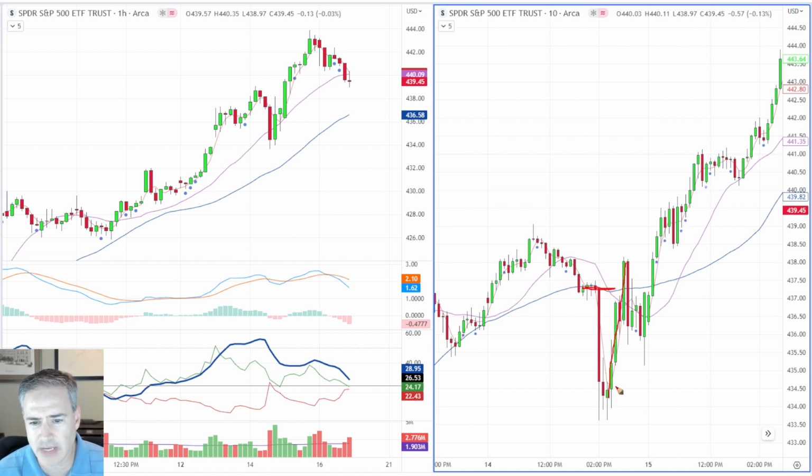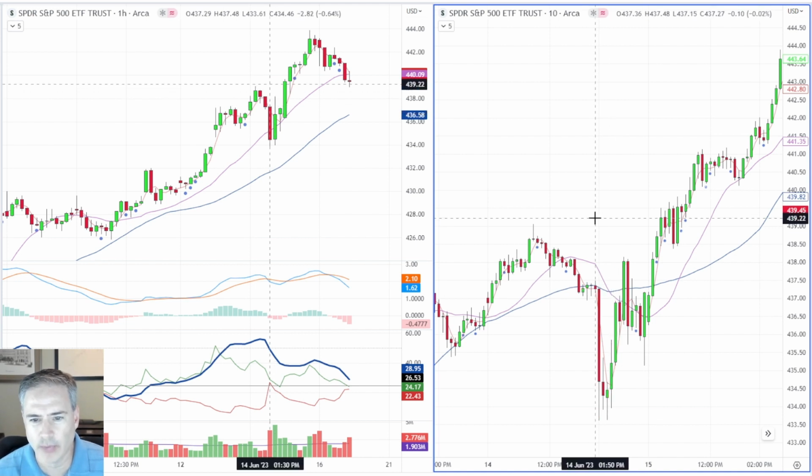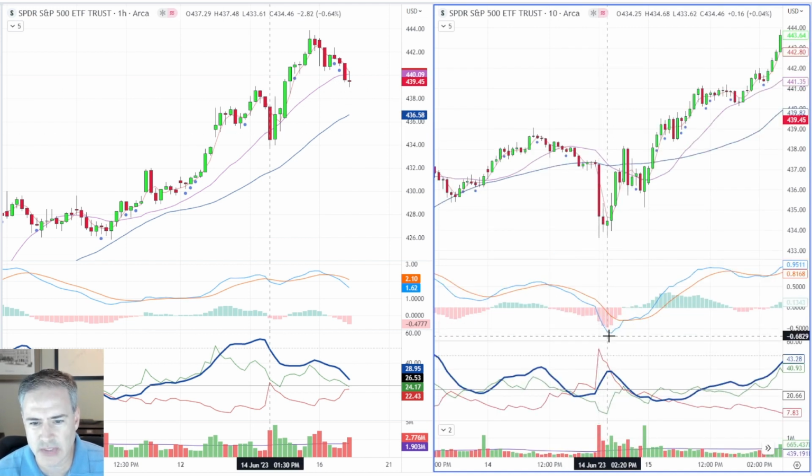All right. Now again, this is taking place on a 10-minute chart. So this is one 10-minute bar, and I would say within a half hour to 40 minutes, we're back above this big bar here. Now, when we go back and look at the indicators, this is still way down here trying to recover well below the zero line.